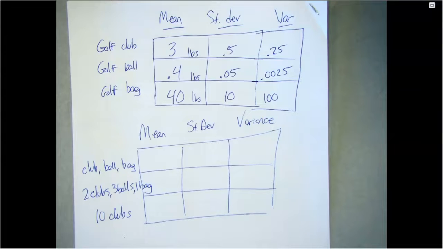For club, ball, and bag, if I want the variance of those three things, I can literally just add up those three variances. 2 clubs, 3 balls, 1 bag, so I'd go variance, variance, plus variance, variance, variance, plus variance, variance. And add them up. So you can add the variances and then work your way back with the square root to get the standard deviation.